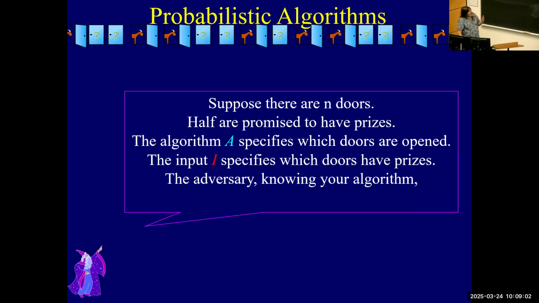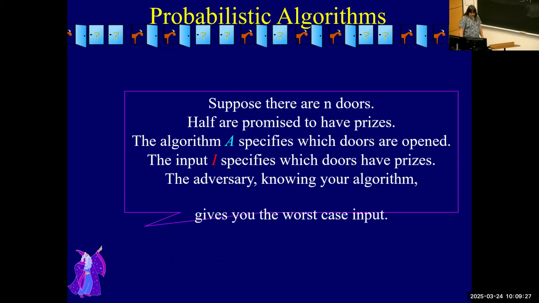And now, how do we normally do computation? There exists an algorithm for all inputs. So the algorithm guy has to say what the algorithm is, and then the adversary comes up with the input.